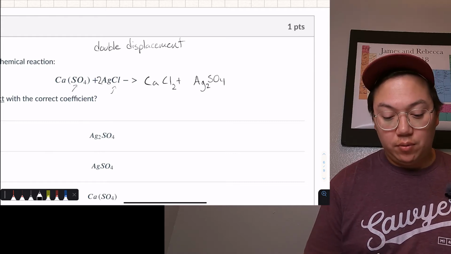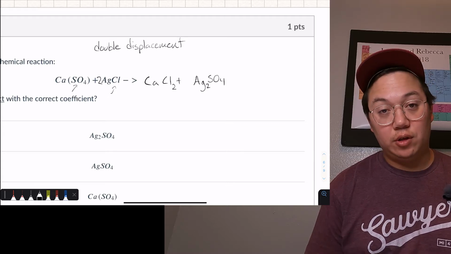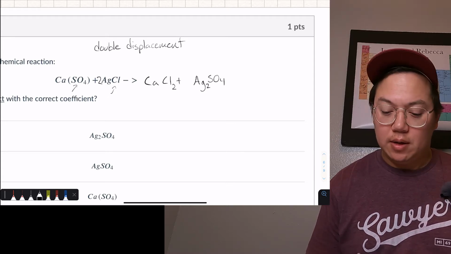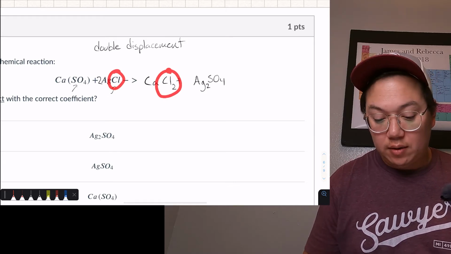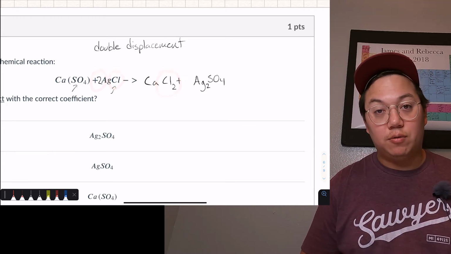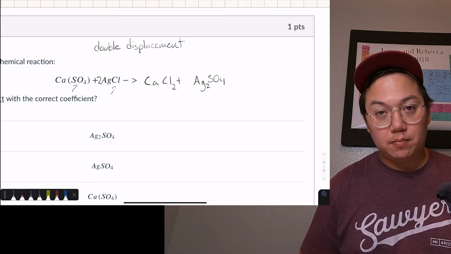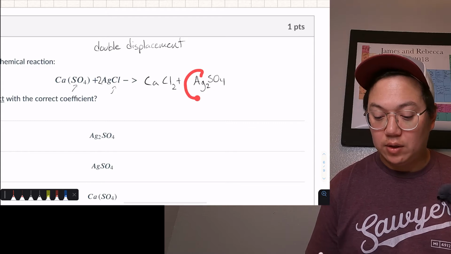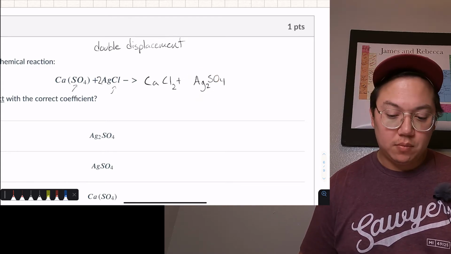So now I have 2 silver chlorides. So that 2 means I have 2 silver and I have 2 chlorine. So the 2 chlorine now matches between here and here because we added this coefficient. But that means that we have 2 silver here now. So we need to go over to the right side. Oh, and look at that. We have 2 silver on the right side.